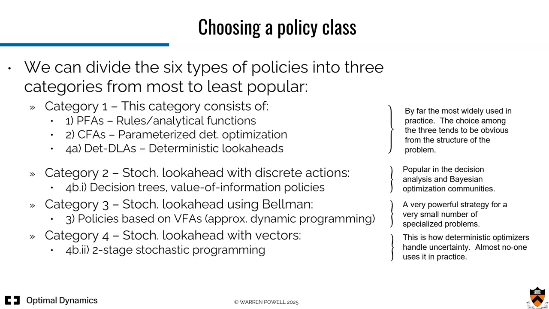Based on my experience, decades of working on a wide range of problems, category 1 is the category that is absolutely by far the most widely used, and this consists of the PFAs, which are rules or analytical functions, CFAs, which are parameterized deterministic optimization that doesn't look into the future, or deterministic DLAs, which do plan into the future.